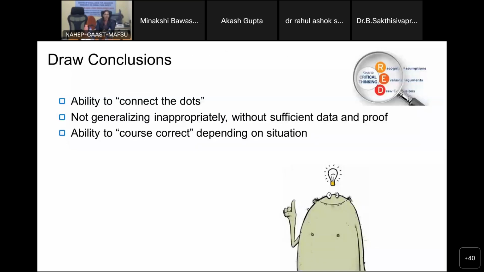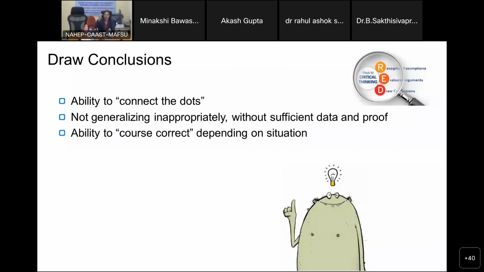Then coming to drawing the conclusion. So we have seen what the first one was. R was, we are going to the end of the RED model. So what was R? Okay, and E, and now D is drawing the conclusion, reaching some solution, some decision.